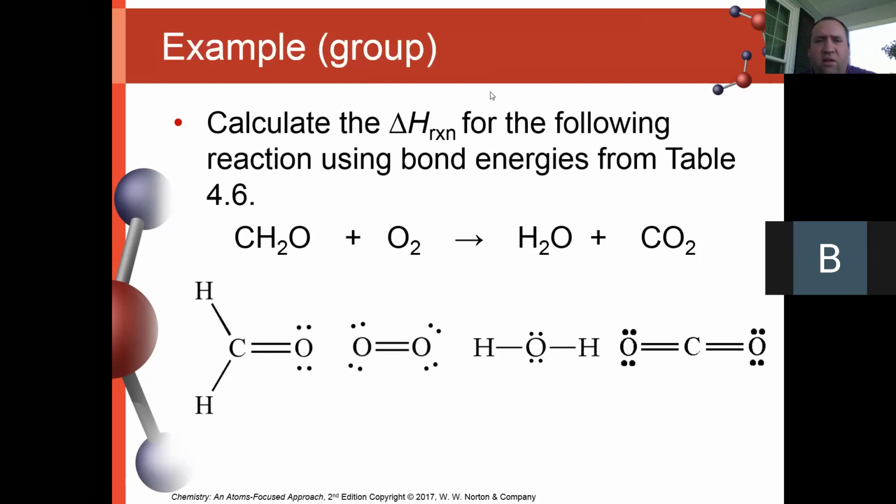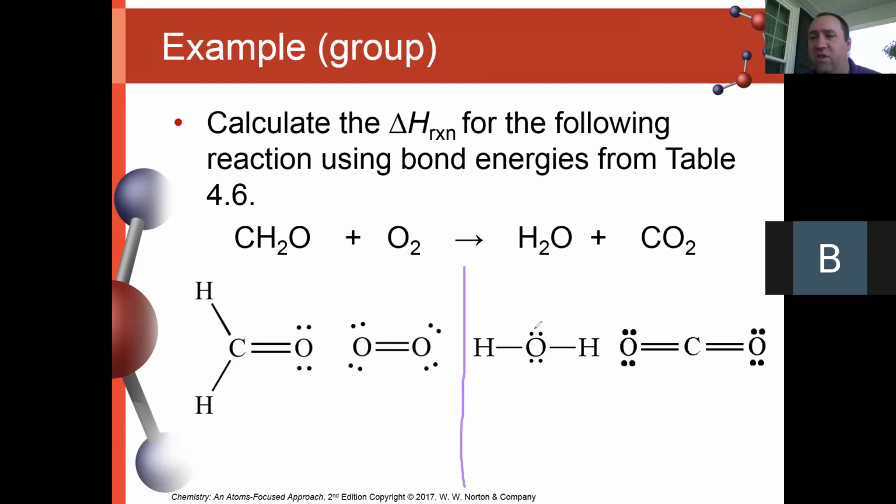Okay, so what I want you to do is an evaluation and split it up. Figure out what bonds are here, what bonds are here, and what values you need to look up. I'll give you about 90 seconds to figure out what bonds we need to look up.